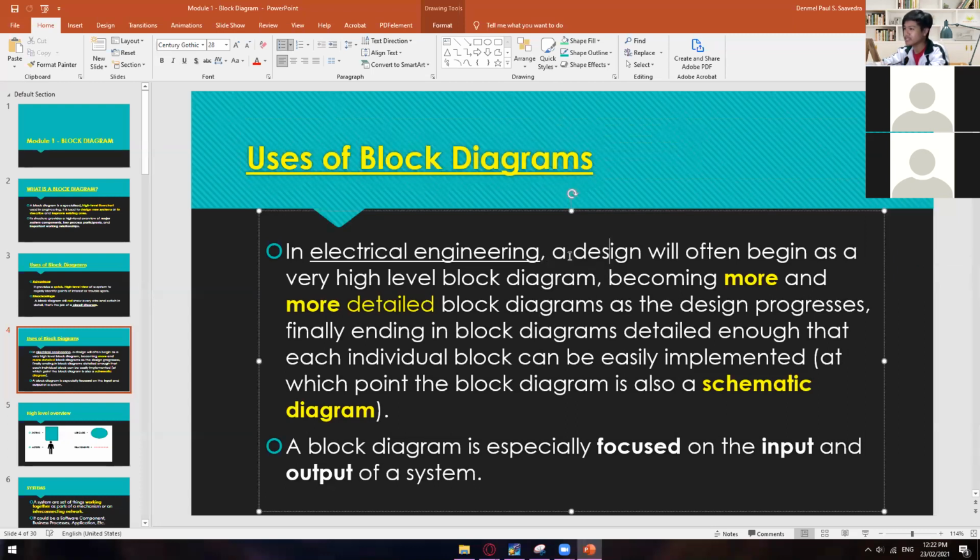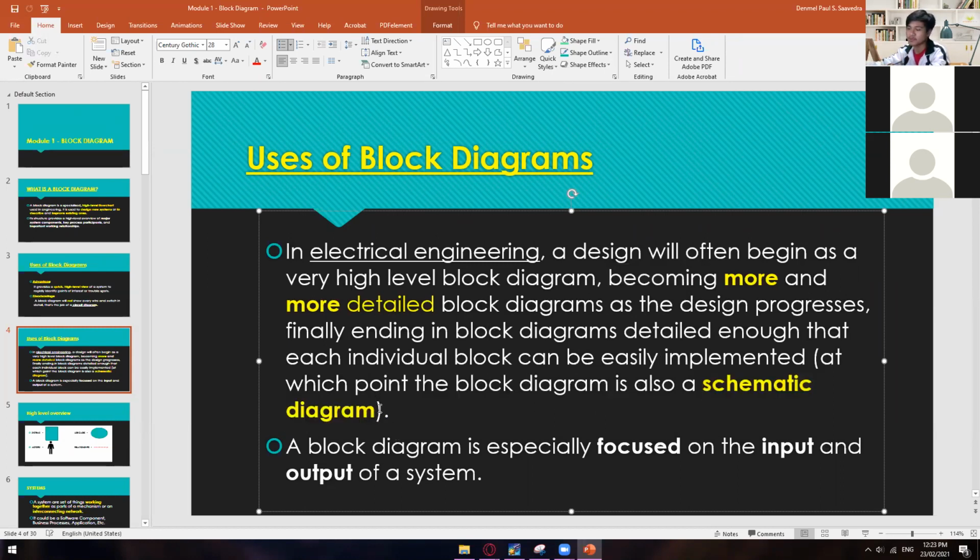So in electrical engineering, a design will often begin as a very high level block diagram. We have the voltage source, then the load, and then the output. We don't care how many resistors there are, whether it is parallel or series, etc. Then it becomes more and more detailed as the design progresses, finally ending in block diagrams detailed enough that each individual block can be easily implemented, at which point the block diagram is now called a schematic diagram or a circuit diagram.